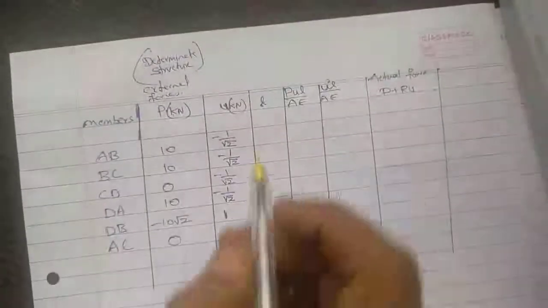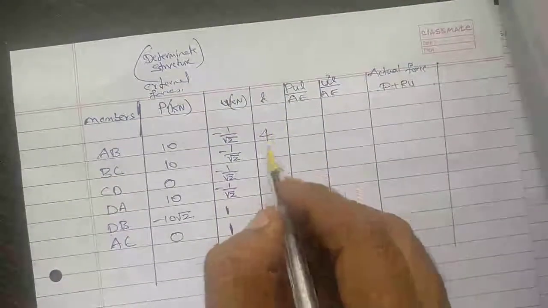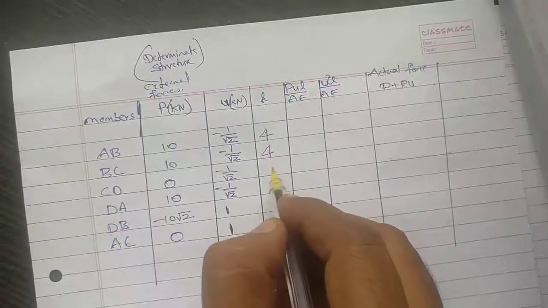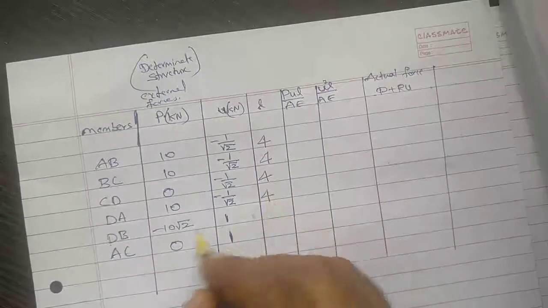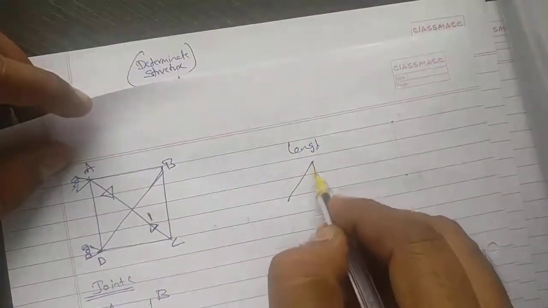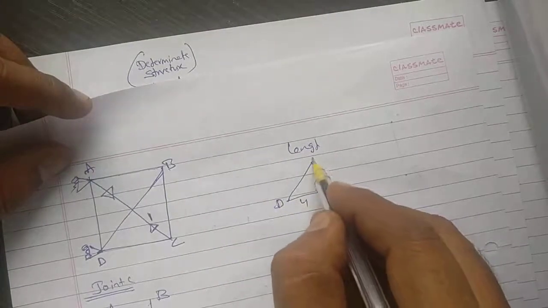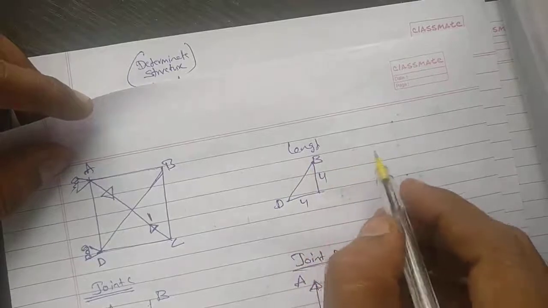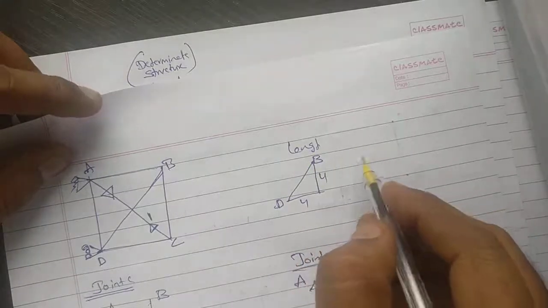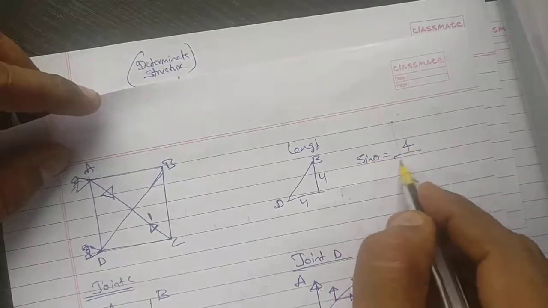Now lengths. AB is 4 meter, BC is 4 meter, CD is 4 meter, DA is 4 meter, and DB. So DB will become, with 4 meter and 4 meter, D and B. Sin theta is equal to 4 by hypotenuse.